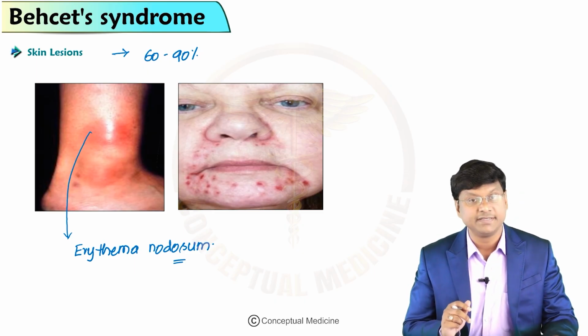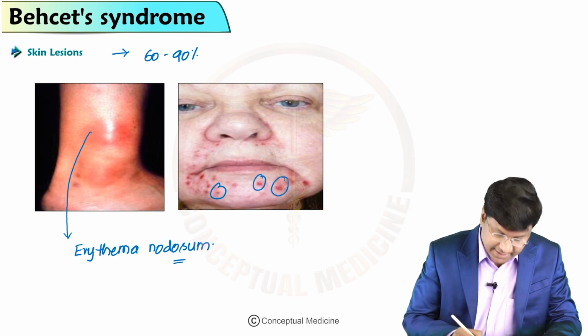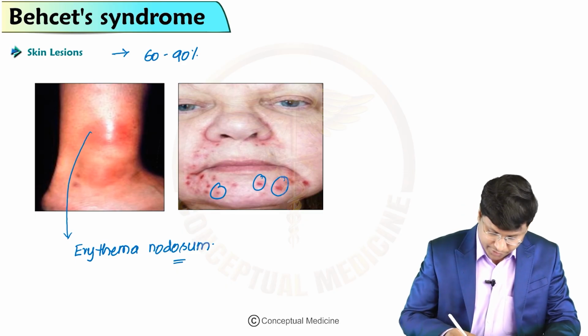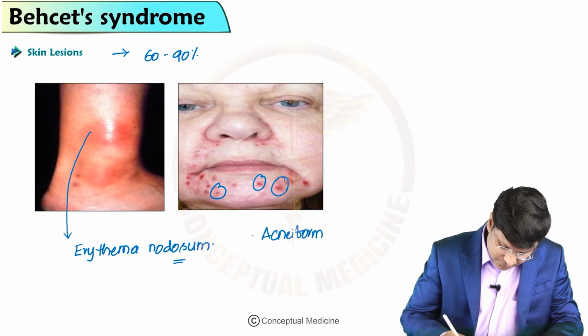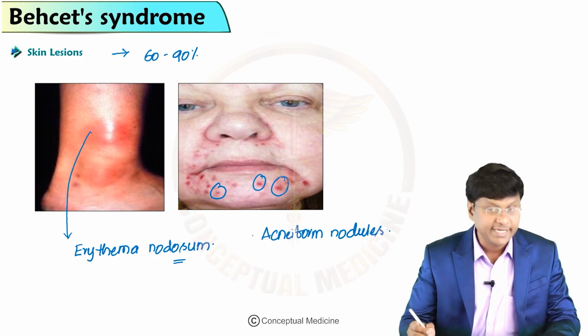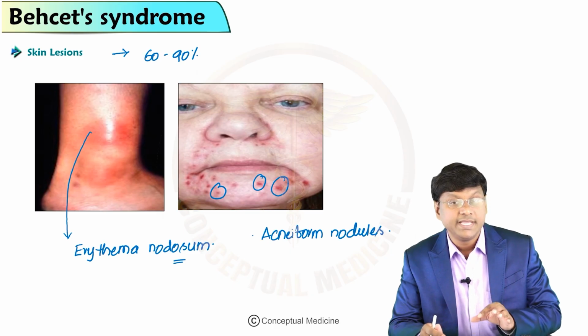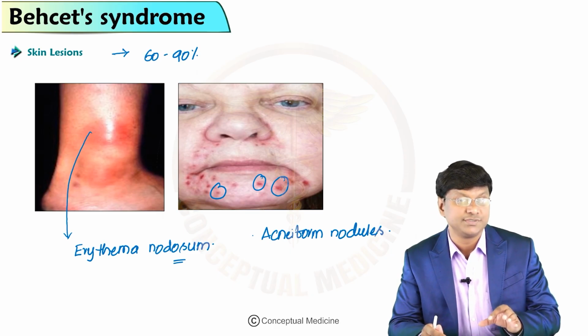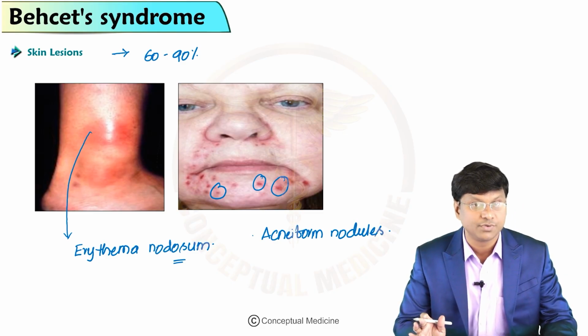And apart from erythema nodosum, the other skin abnormalities that you can observe are acneiform nodules. Acneiform nodules in a post-adolescent patient not taking glucocorticoids, you have to think of Behcet's.